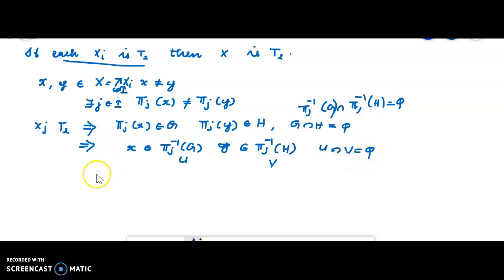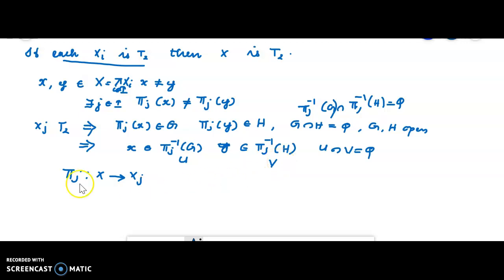Since pi j is a function from the product space to Xj, and G and H are open sets, G and H open was said earlier, we just did not write it. G and H are open sets. Pi j, the projection function, is continuous. Pi j inverse of G is an open set. H is an open set, pi j is continuous, so pi j inverse of H is also an open set.